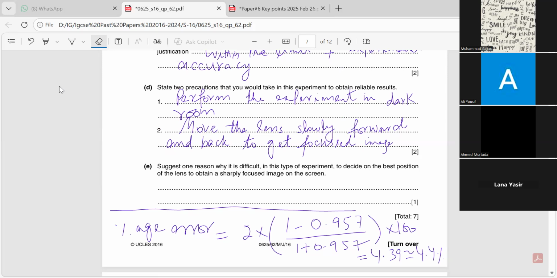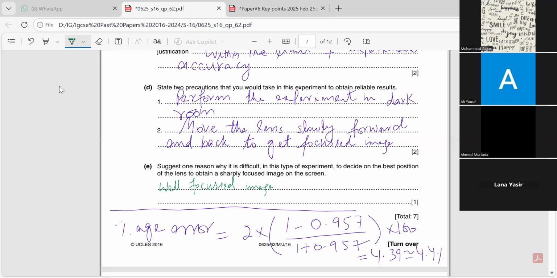So I will say that a well focused image appears over a very small range of the lens position.